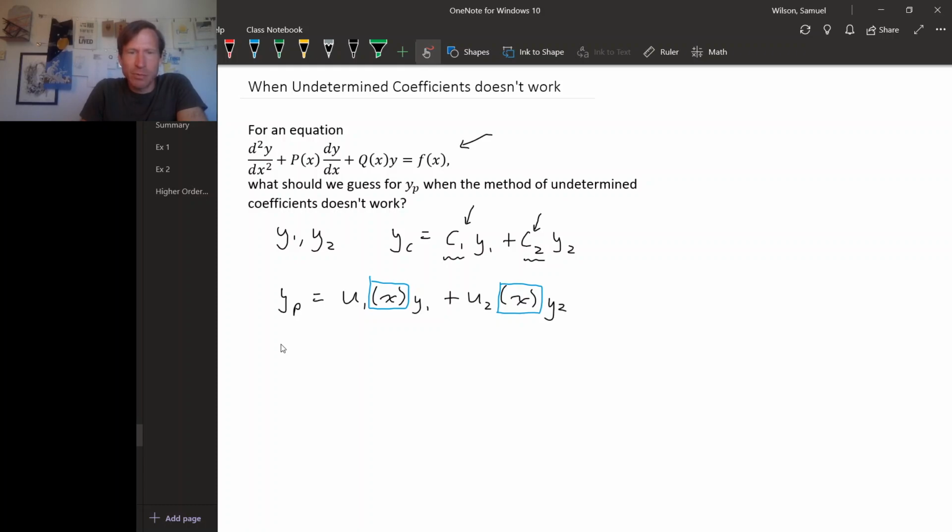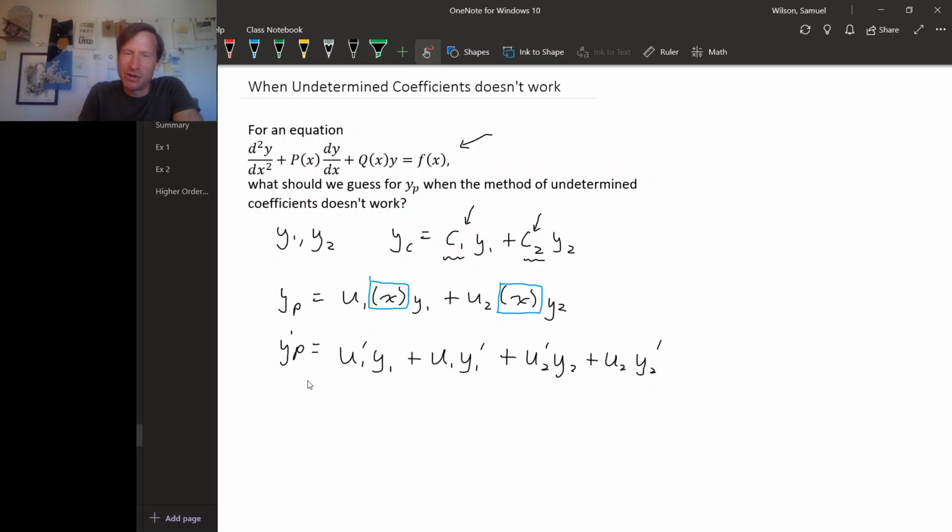Okay, so let's take one derivative. We're going to have to use the product rule, so we get u1 prime y1 plus u1 y1 prime for the first piece. Then for the second piece, u2 prime y2 plus u2 y2 prime.